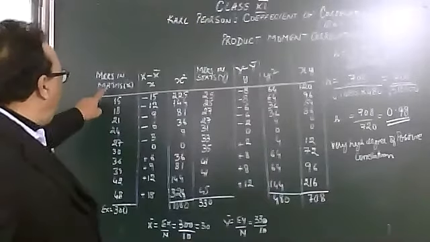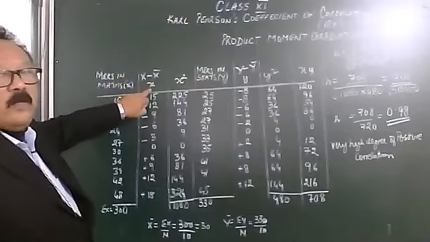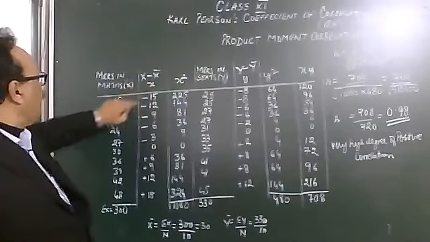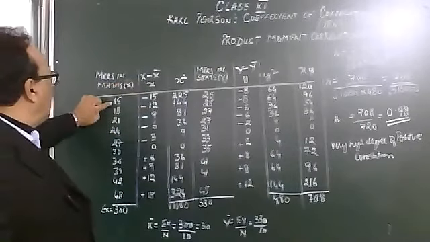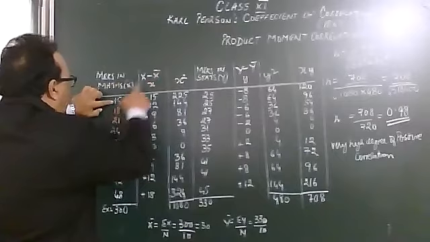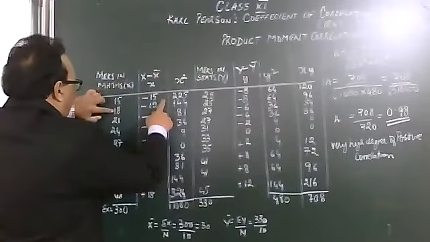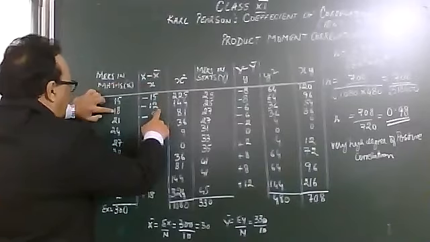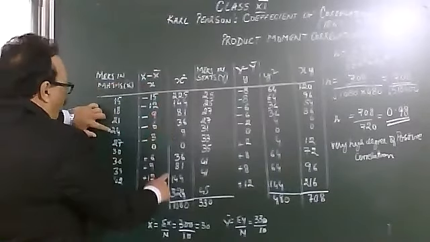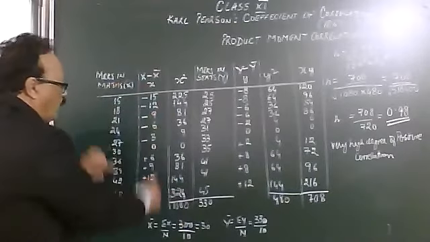From the mean, x minus the mean, which is 30, and we will call this column small x. So 15 minus 30, x is 15, minus mean 30, is minus 15. 18 minus 30 is minus 12, 21 minus 30 is minus 9, 24 minus 30 is minus 6, 27 minus 30, and so on.